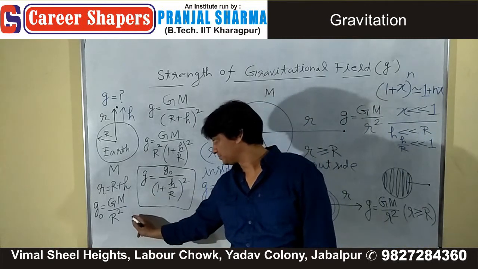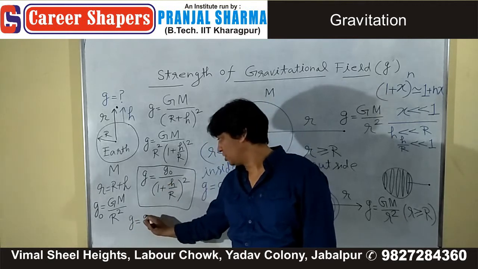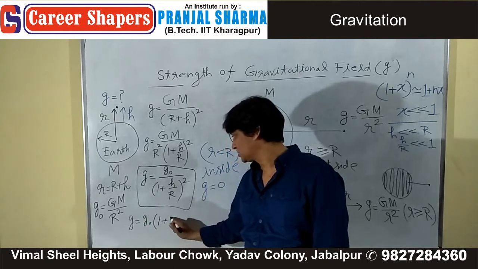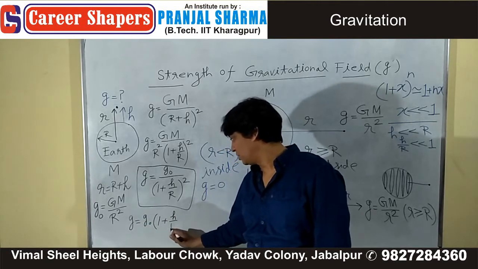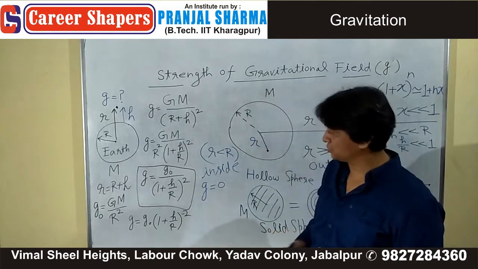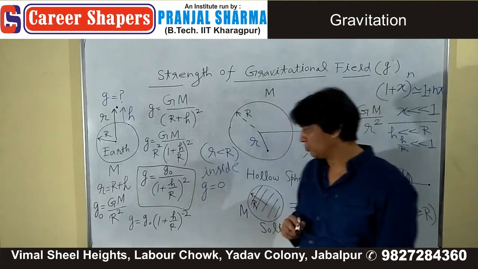This G is now G naught. Look here, 1 plus h upon r to the power minus 2. First, we have shifted this thing from the denominator to the numerator.